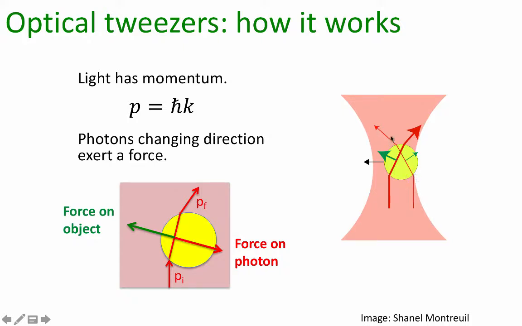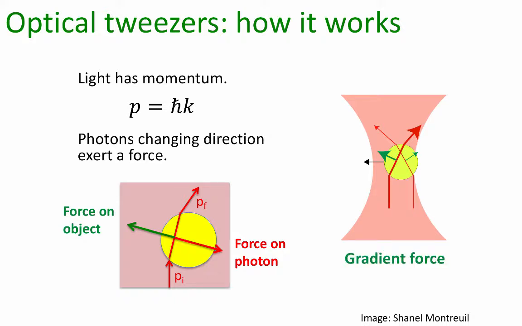There are fewer of them, and they bend in the opposite direction, but they exert less force. The net force is then towards the center of the beam, and our object will end up trapped in the center of the beam.